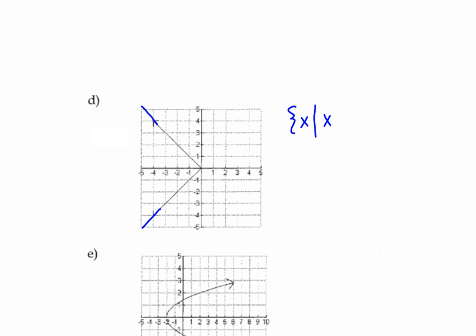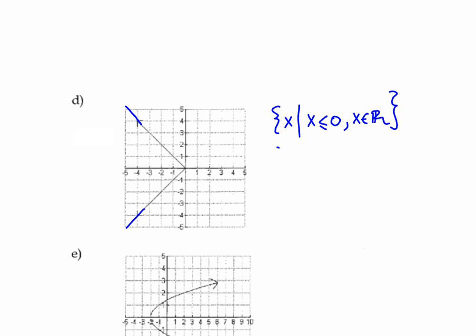How would you write that as an inequality? x is less than or equal to 0. That's it. Comma, x ∈ R. Those are real numbers; it's continuous, we're saying. Range: how far up?